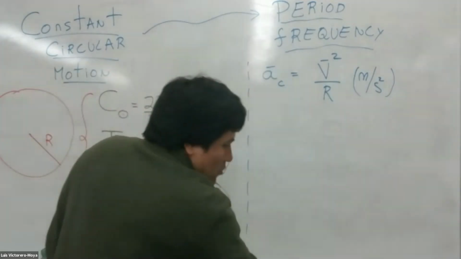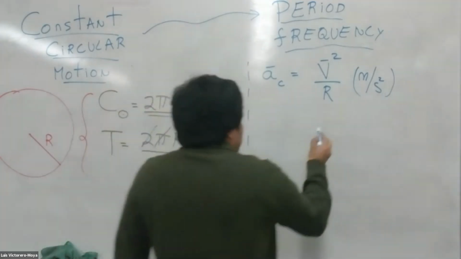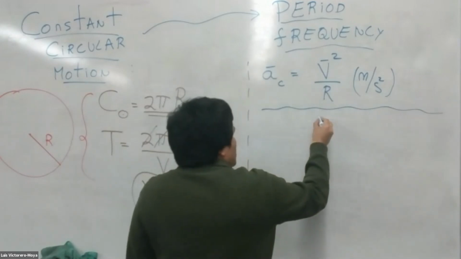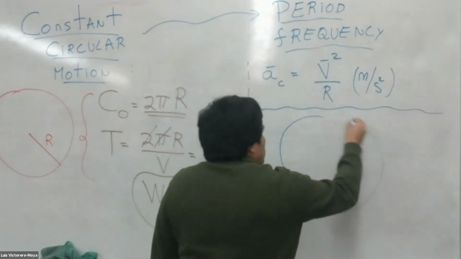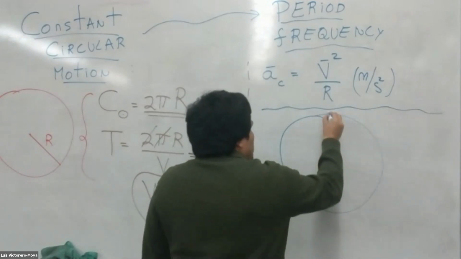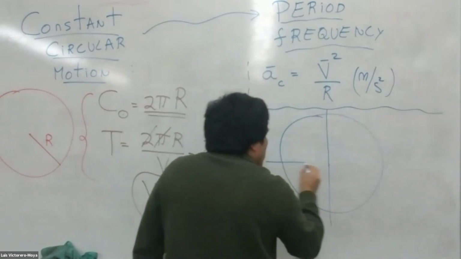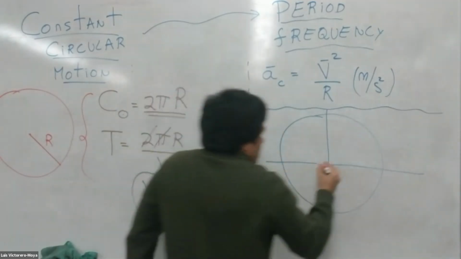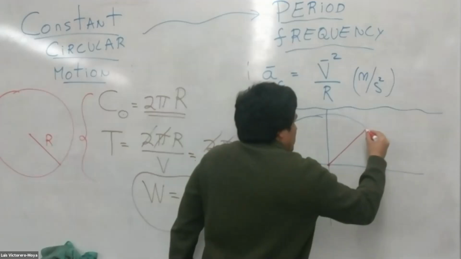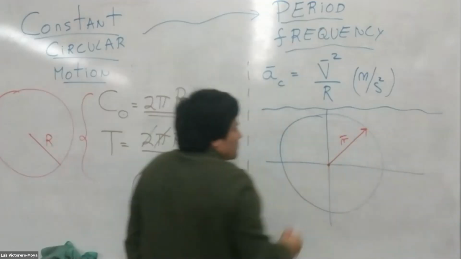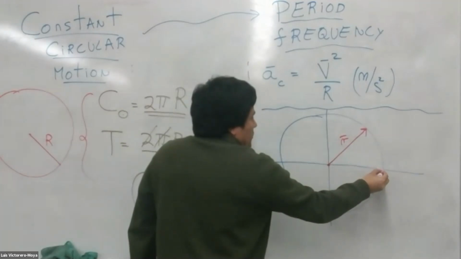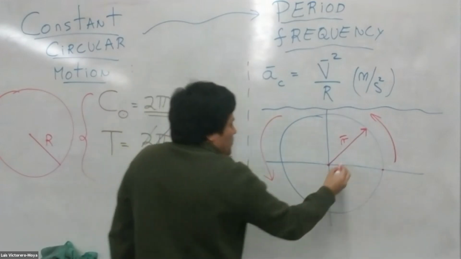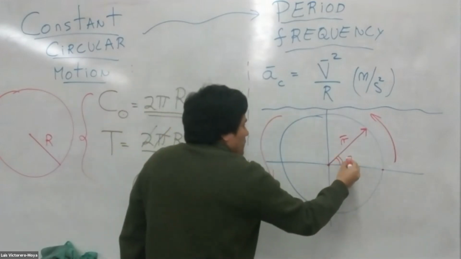Now, how can we use vectors in this case? Or positions? In the case of a circular motion, if I take this as the origin, I can draw a vector R. The vector position will be this. Now, if a particle starts from here, it's going to move an angle theta.